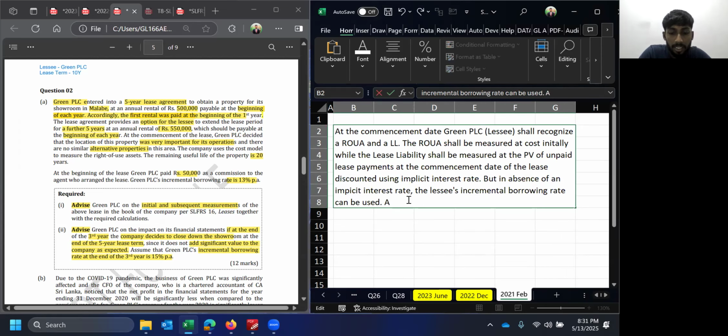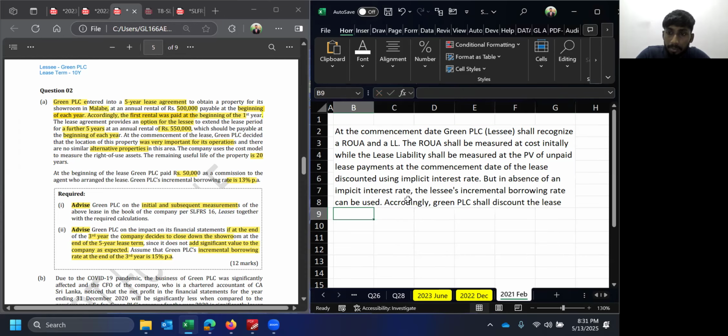Accordingly, you need to mention, Green PLC shall discount the lease payments using 13% IBR.